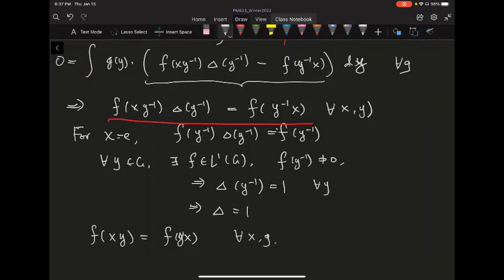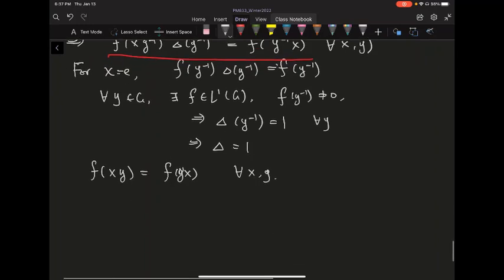If xy and yx are two different points, then you can use something like Urysohn's lemma to find an L1 function that's supported on a small neighborhood of one and is equal to 0 on the other. So your function will see the difference between these two points.